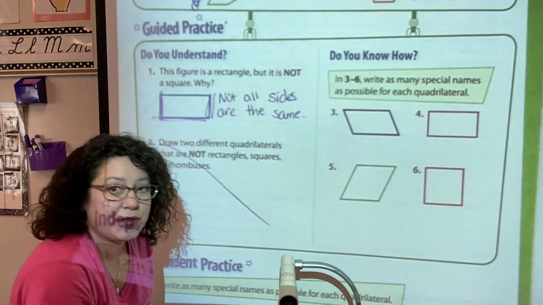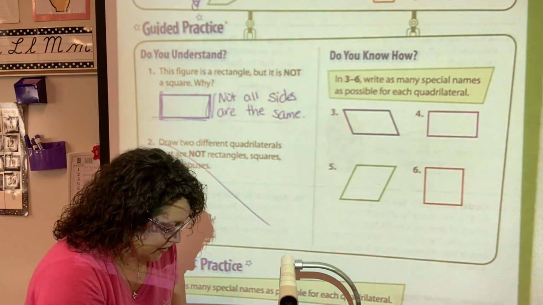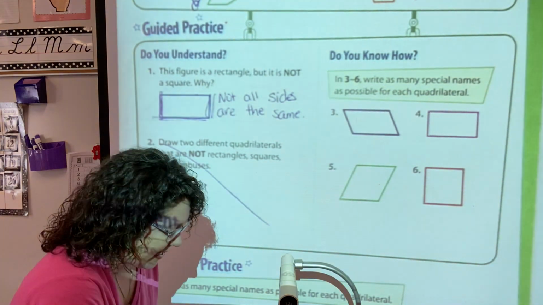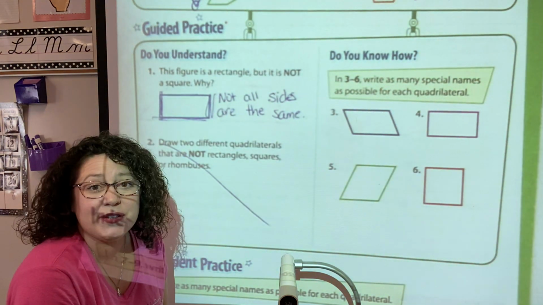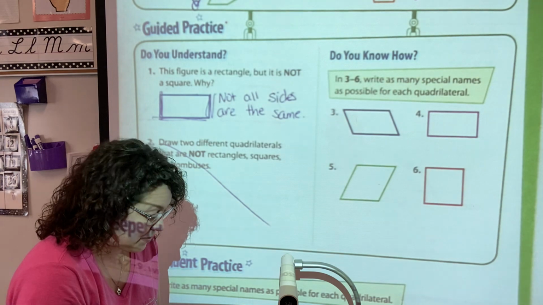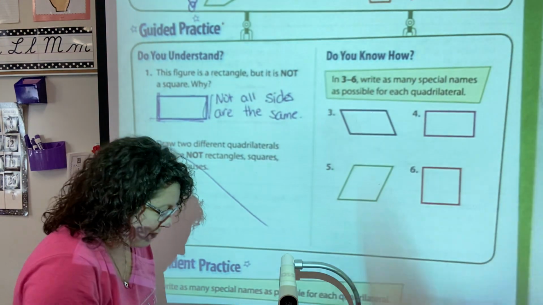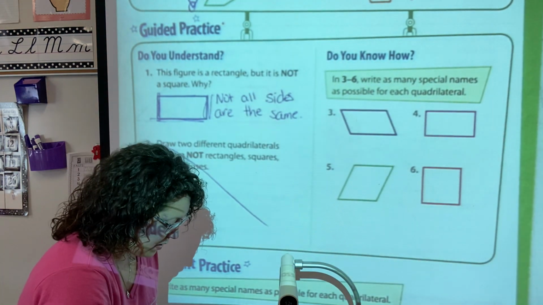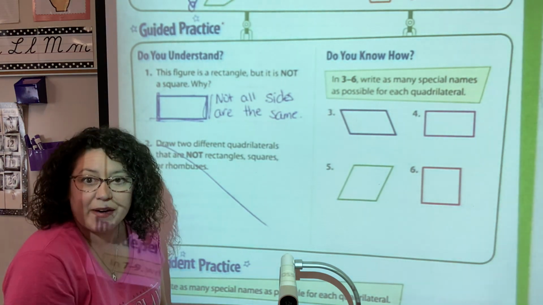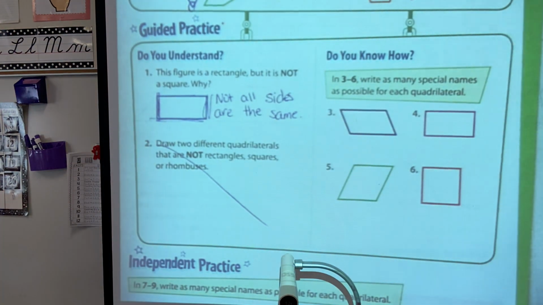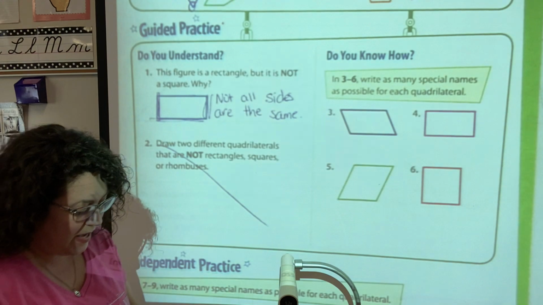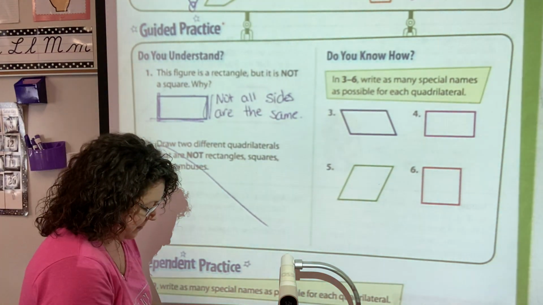We're going to skip number 2. Let's look at 3, 4, 5, and 6. Write as many special names as possible for the quadrilaterals. So, number 3. Let's look at our vocabulary paper. Okay.